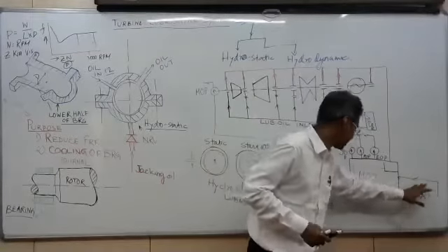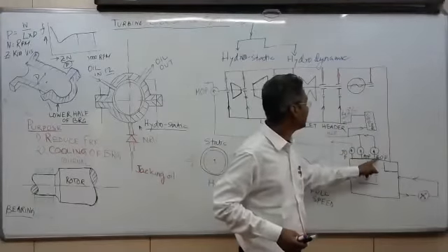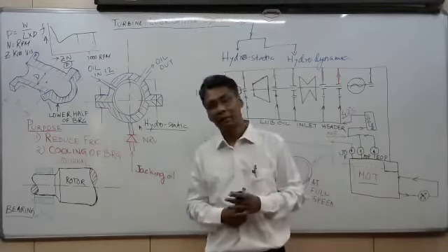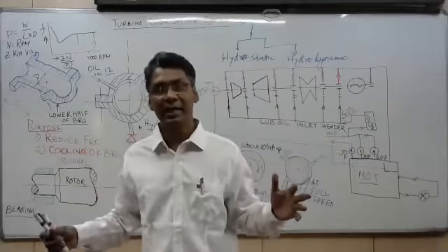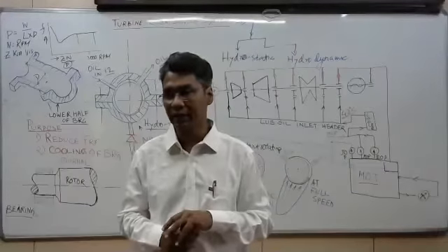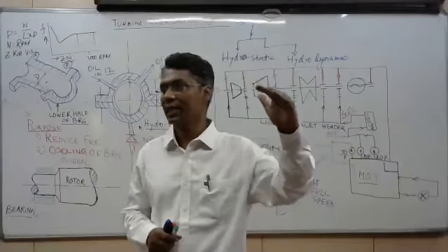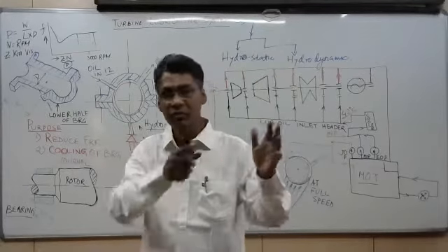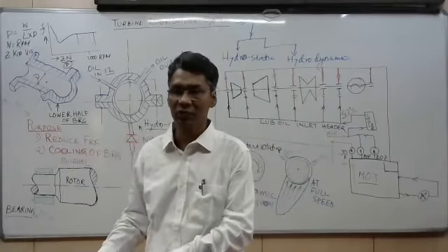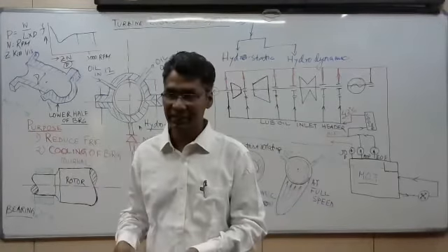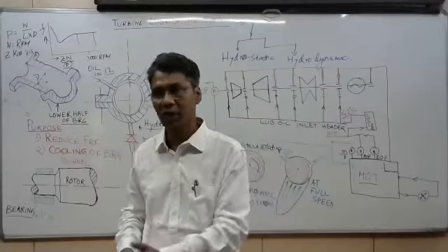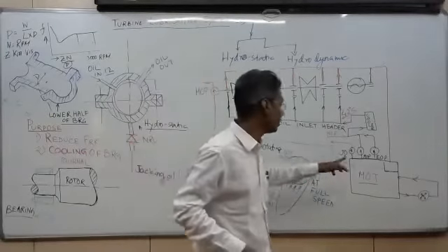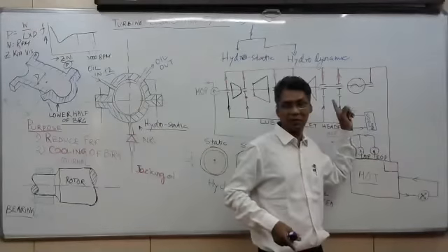That is the filtration system, and there is also an EOP mounted on this, a battery operated emergency oil pump. As long as the turbine is rotating at 3000 RPM, once it is tripped, it does not come to zero speed within a few seconds; it takes some hours. So if there is a power failure, oil supply should still be available.